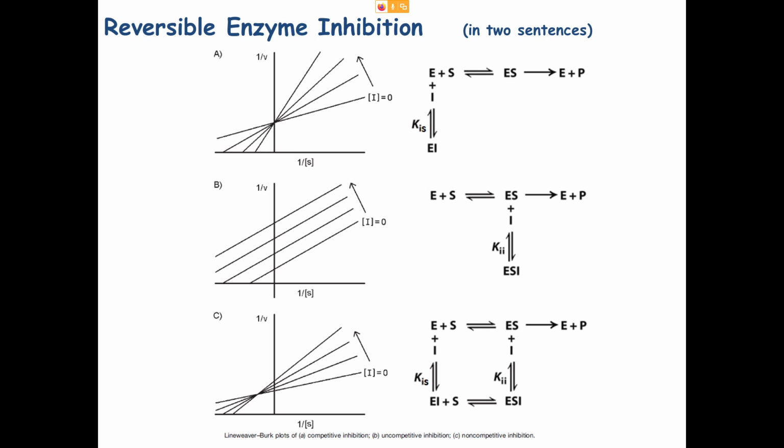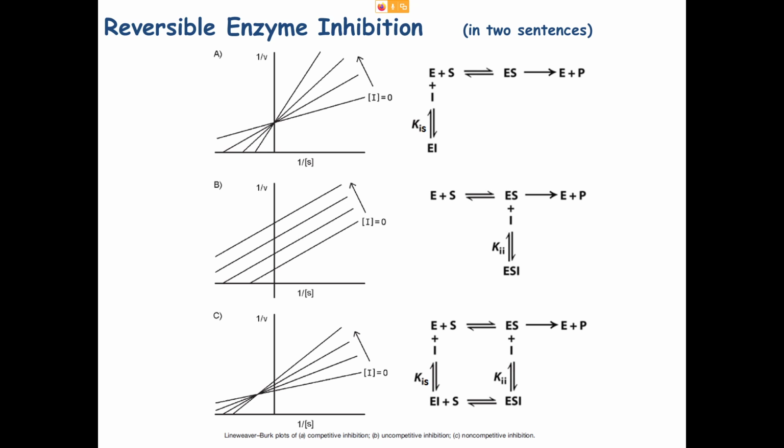So in the first case, very simple analysis, look at case A up there, the competitive inhibitor. Those 4 lines I have drawn share something in common and something not in common. What can you tell me about those 4 lines? They have the same y-intercept with different slopes. Exactly.